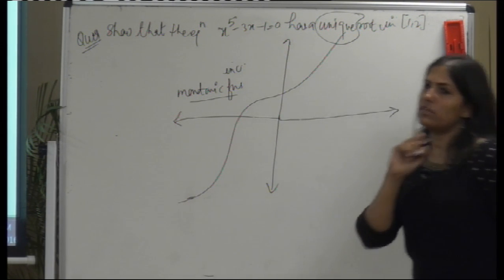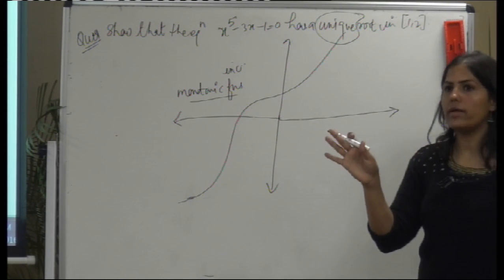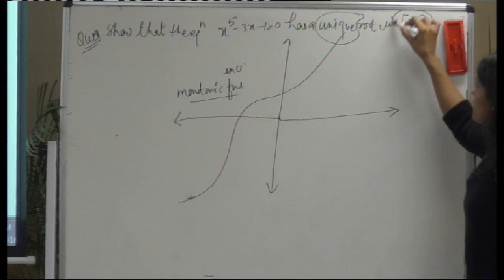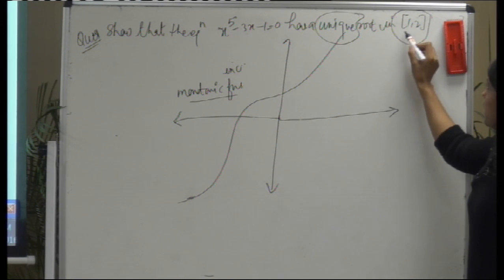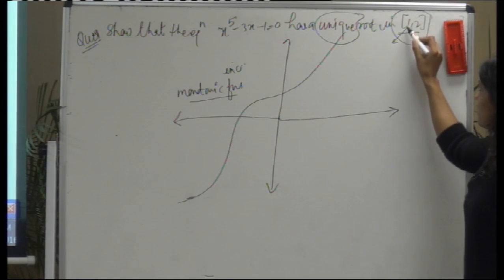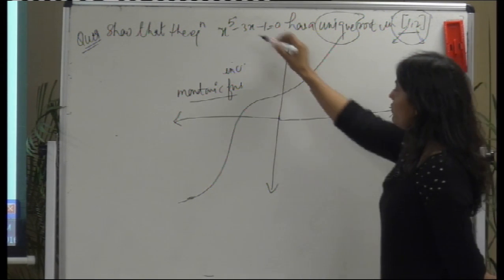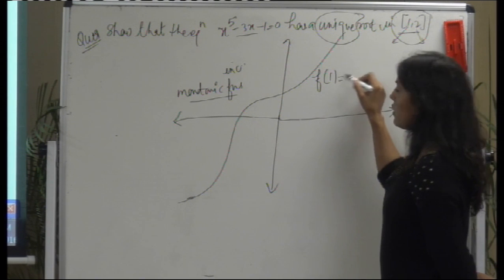If your function is increasing or decreasing, what you do in this interval you have to discuss, na? In this interval you have to discuss. This is the least value and this is the maximum value. What you do, just put 1 in the function and you see the behavior of the function.